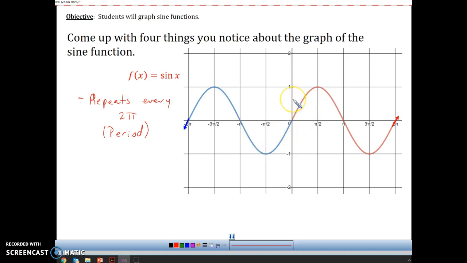If we were talking about relating to the sine function, also notice that the maximum of the sine function is 1, and that the minimum is negative 1.